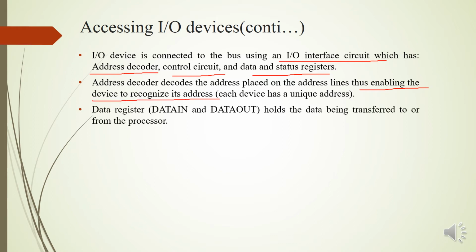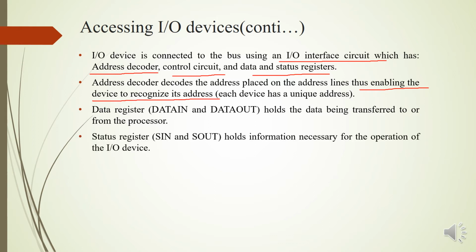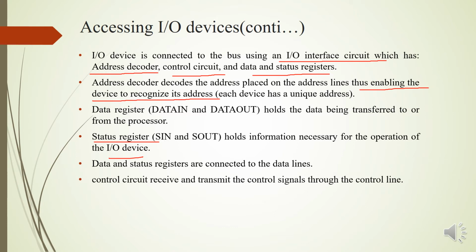Data register, that is the data in and data out, holds the data being transferred to or from the processor. Status register, S in and S out, holds information necessary for the operation of I/O device. Data and status register are connected to the data lines. Control circuit receives and transmits the control signal through the control line.